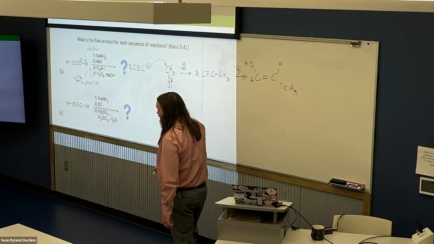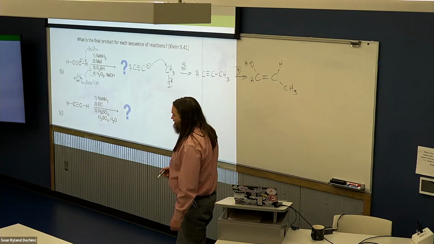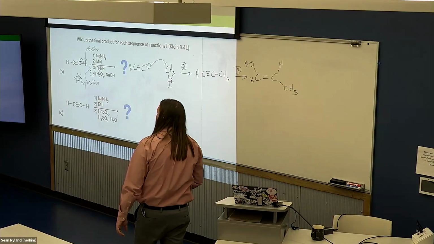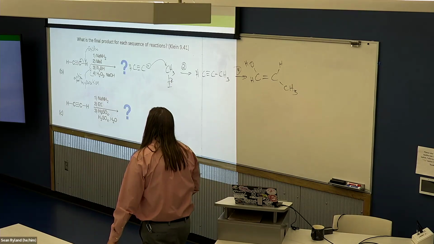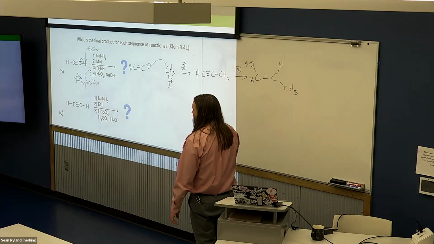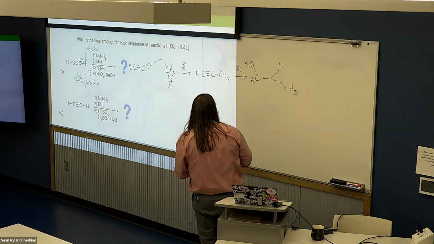Yeah, after step 4, we get this. But then that's still not our final product, because we made an enol. And what do enols do? Yep, they become ketones or aldehydes. But it's the same way, it's a carbonyl in either case, right?